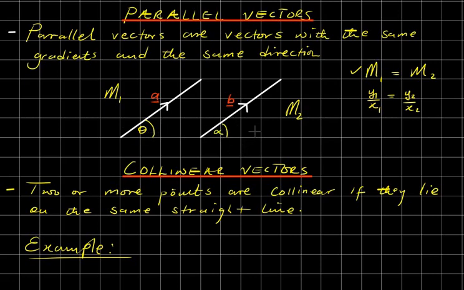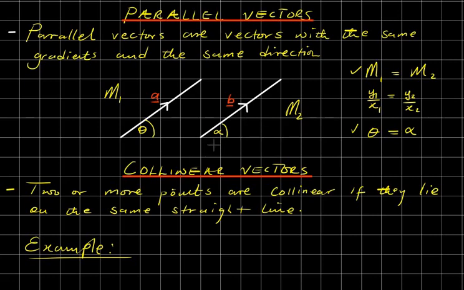These two angles must be equal for us to have two vectors that are parallel to each other and in the same direction. So here we are simply saying that the angle theta must be equal to the angle alpha. Then we can be rest assured that we are looking at two vectors that are parallel to each other and in the same direction.